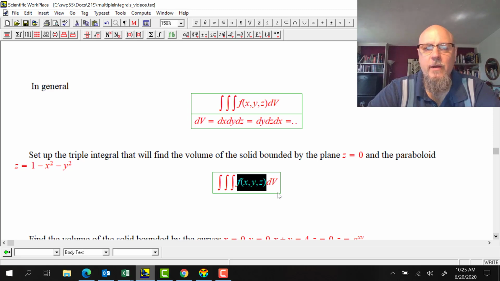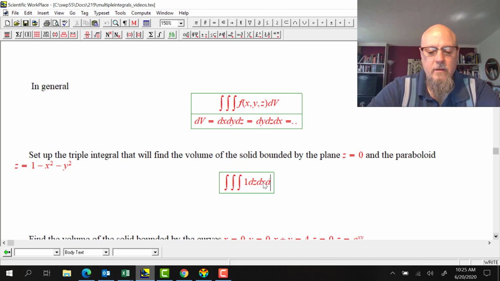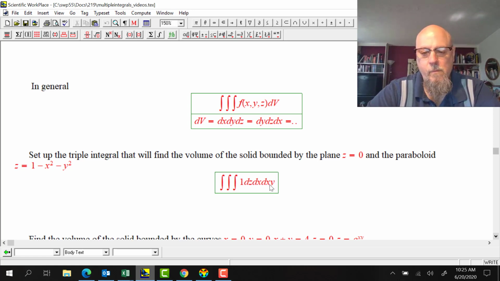Just like when we integrated double integrals to find an area, our function was 1. I'm going to do the same idea. So I'm integrating over a volume. So I'm going to pick this to be dz dx dy.